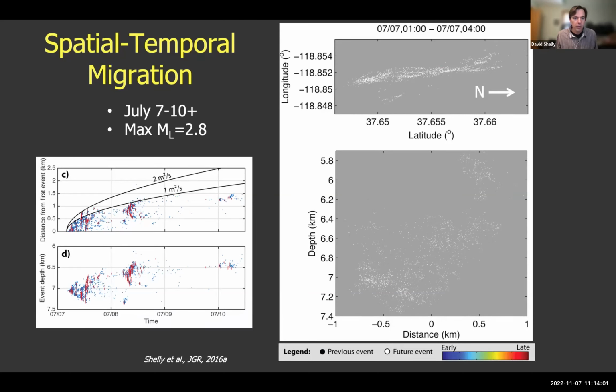On the right, I'm going to show an animation of this July subswarm. The top is a map view that I've rotated with north to the right, just so that it corresponds with the cross section down below. And as I start this, you'll see what's initially a very concentrated zone of seismicity, and it'll expand outward kind of episodically with time.